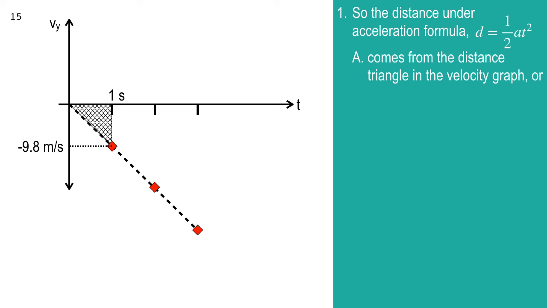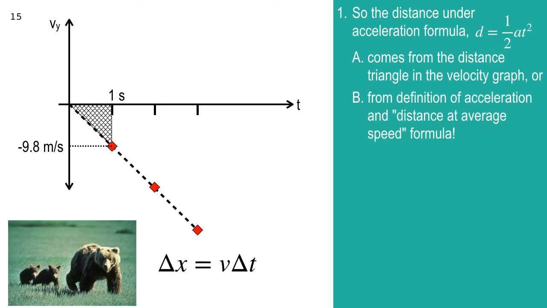And the area of the distance rectangle is just width times height. But for acceleration like this, it's 1/2 base times height. The other thing is the distance formula, d equals 1/2 a t squared, also comes from the definition of acceleration and the distance at average speed formula.